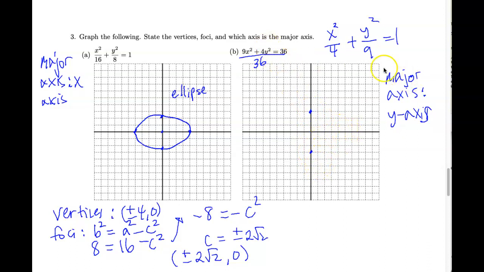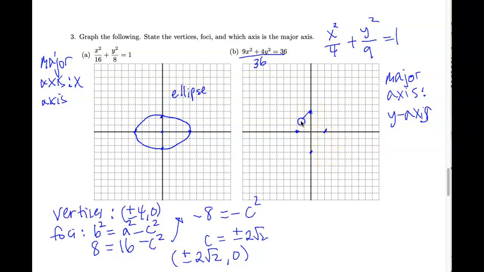And to find the points on the minor axis, just cover all this y squared over 9 up and solve for x, and you would get negative 2 and 2. So negative 2, 0, and 2, 0. Center's at the origin, and so here's our ellipse.